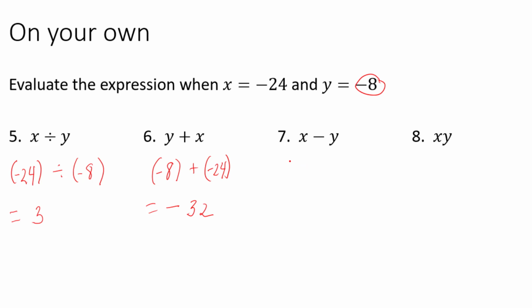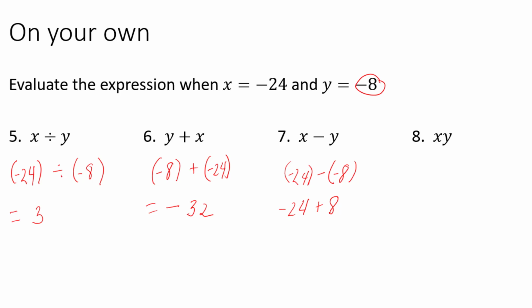The next one, we have x minus y. I substitute the value for x is negative 24. The value for y is negative 8. Now we have negative 24 minus a negative 8, so that's positive.